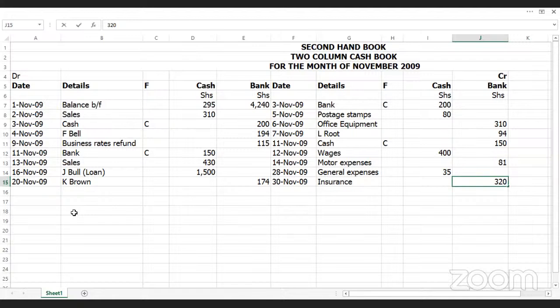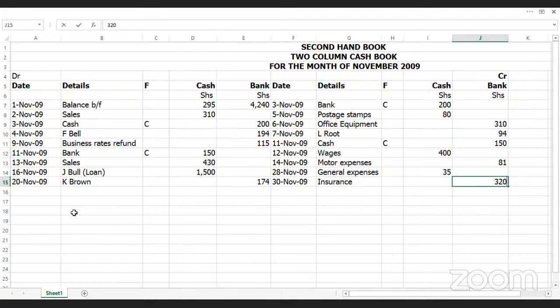You'll find that one of the sides will be greater than the other. On the smaller side, we insert a balancing figure, normally referred to as a balance carried down, to make both sides of the cash book equal.